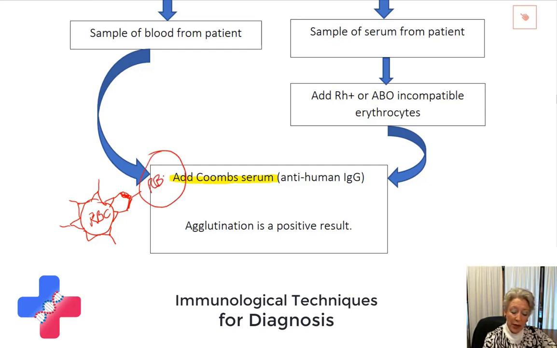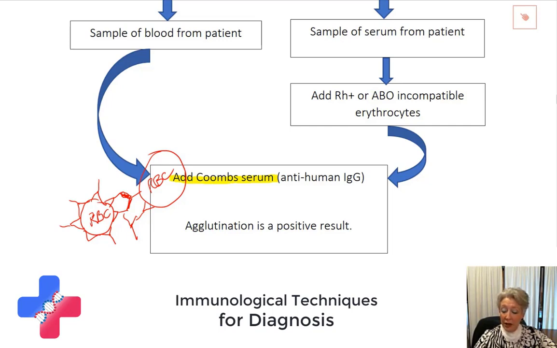And so I would be able to get agglutination because the antibody between the two would cause the binding together of the red blood cells and cause them to settle out of the circulation, okay? And again, I have to use Coombs serum because I'm not looking for an IgM, I'm looking for an IgG.